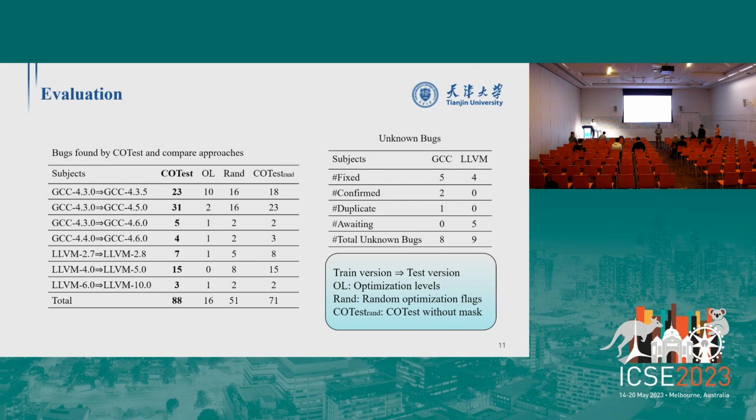Are you able to use the same prediction model across the two compiler implementations? Across the two? For example, GCC versus LLVM, I would imagine that they have different configurations of optimization options between the two.